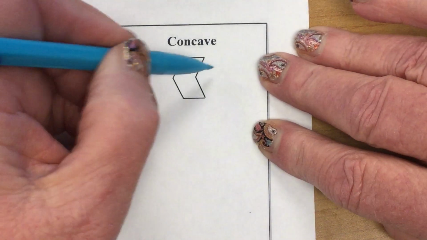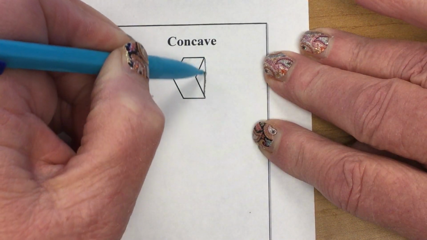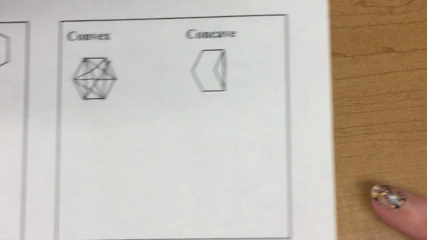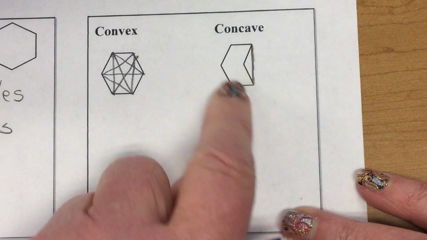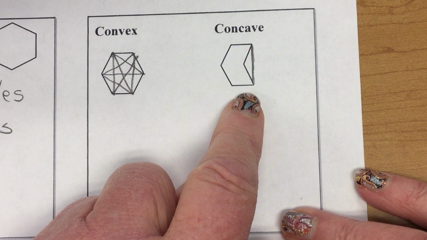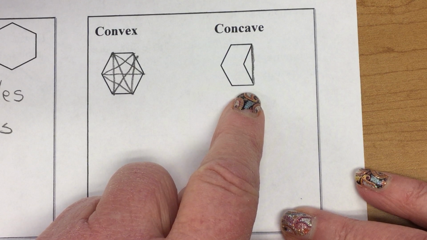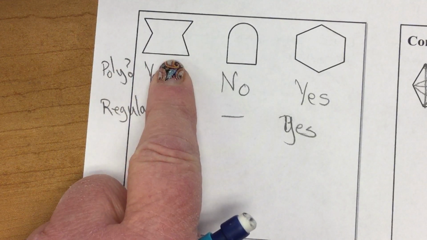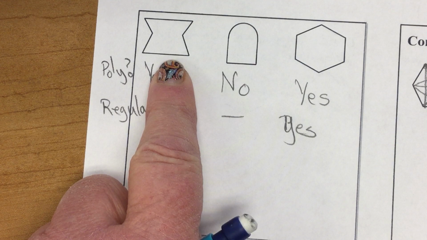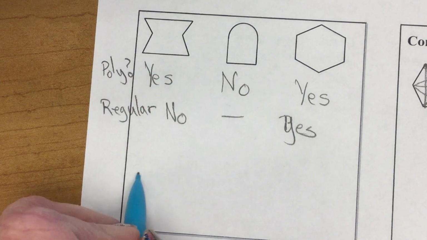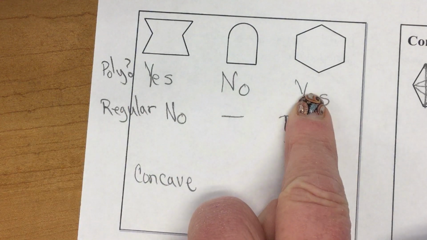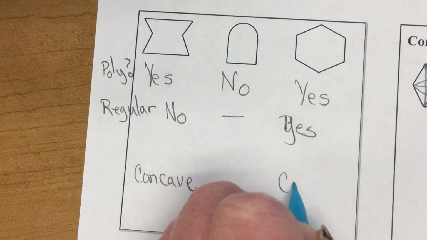Whereas here, if I connect these two, I'm outside. That makes me concave. What my brain says is this side caved in. That makes it concave. So as I look at these three figures, this polygon, is this convex or concave? This is going to be concave. What about this polygon? Convex.